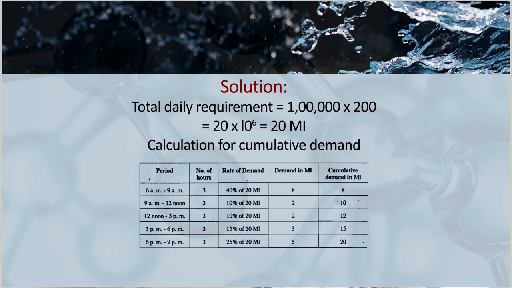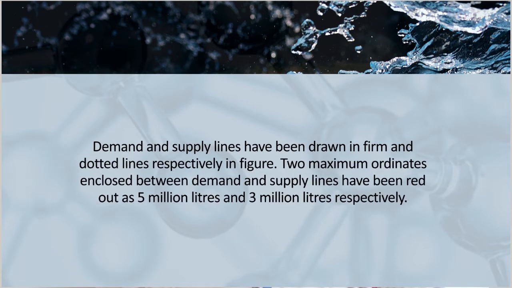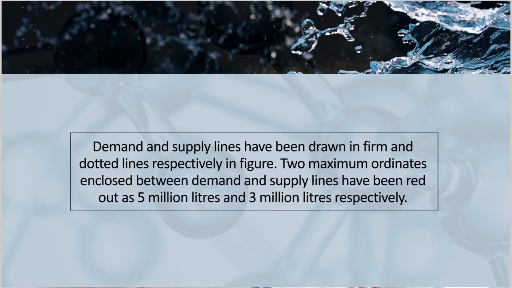In that case 40%. In a similar way, 9 to 12 noon is 10% of the 20 ML, so demand is 2 ML. So cumulative demand in row 2 is 10. In a similar way we calculate 12 noon to 3 p.m., 3 p.m. to 6 p.m. and 6 p.m. to 9 p.m. So demand and supply lines have been drawn in firm and dotted lines respectively in the figure.